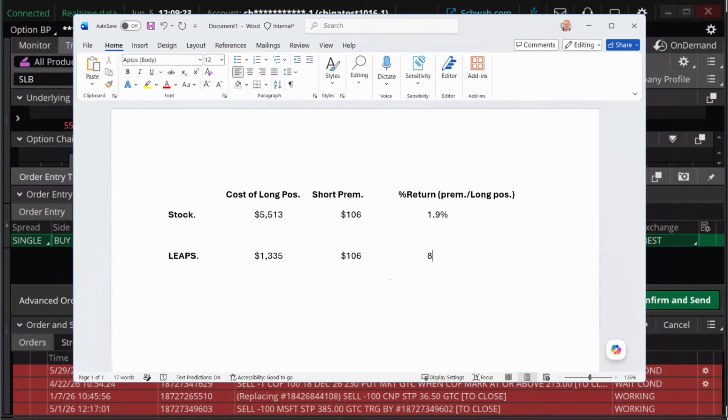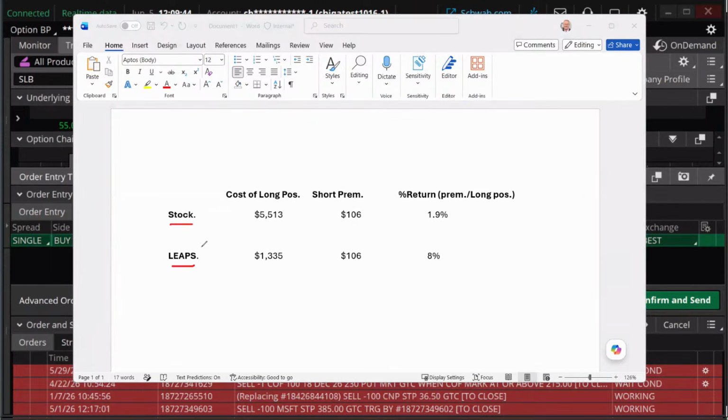This ramps up the percentage of returns of the short contract as compared to the long contract of the stock versus the LEAPS contract.